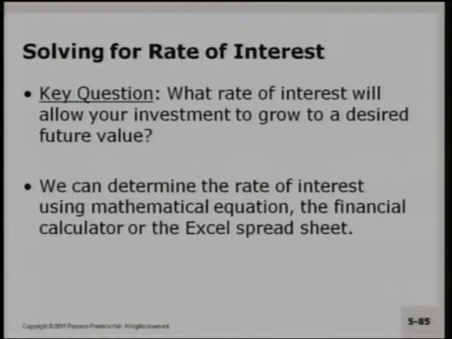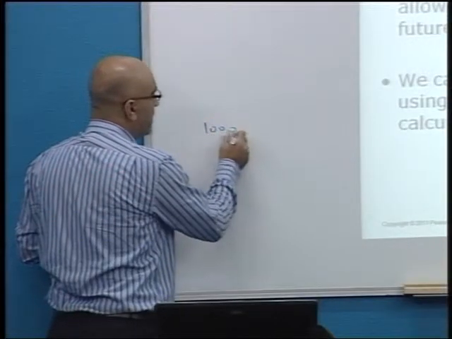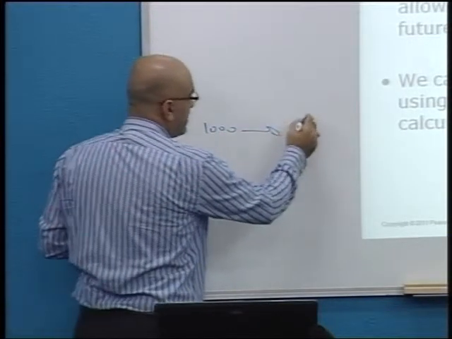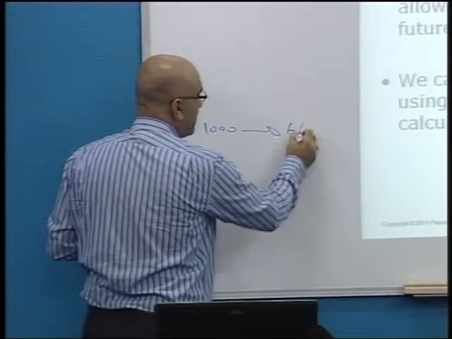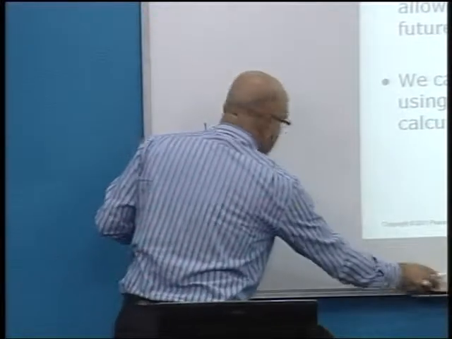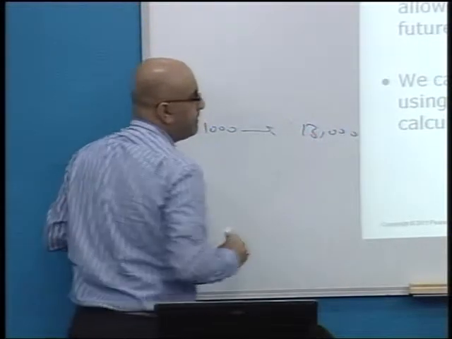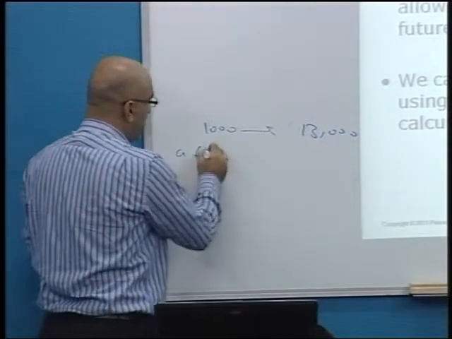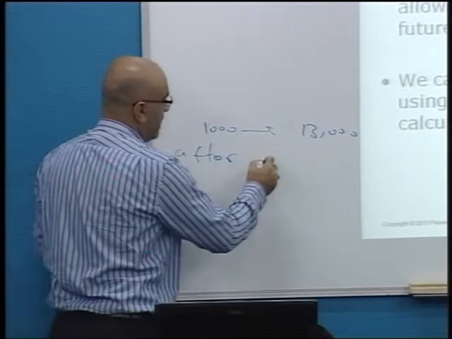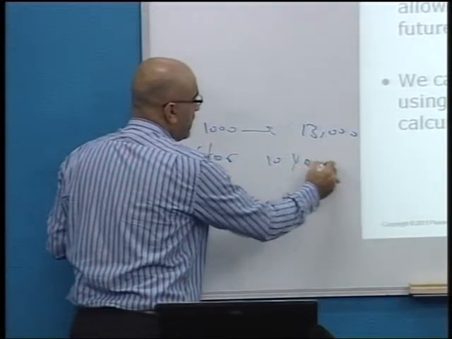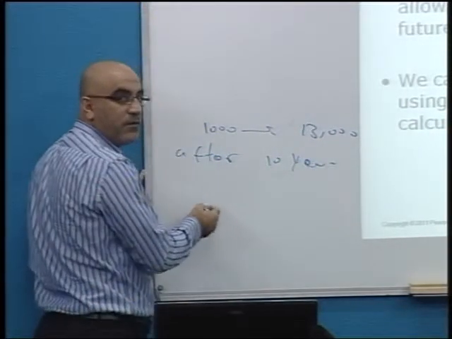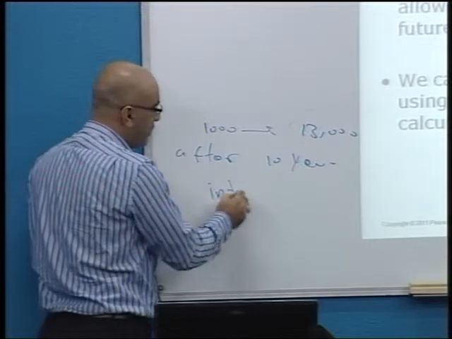For instance, if you have $1,000 and it grows by 6%, it becomes $13,000 after, let's say, 10 years. So now I'm asking about the interest rate. What is the interest rate?